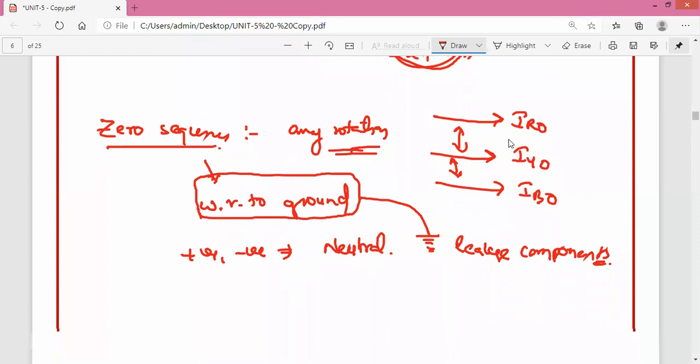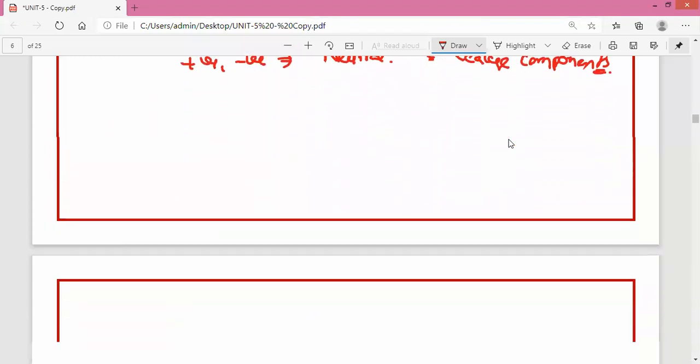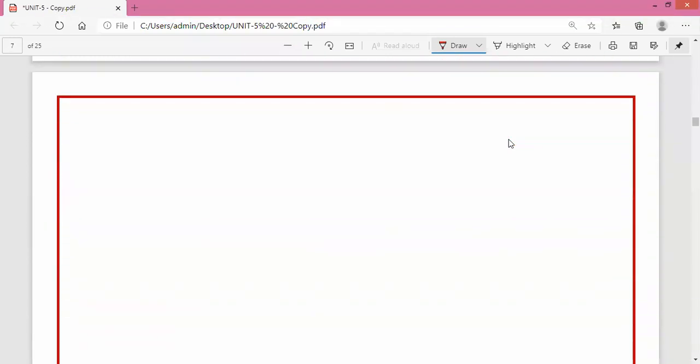As of now, nothing to confuse. I will write everything in a single place. This is an unbalanced system, and I will explain one by one.